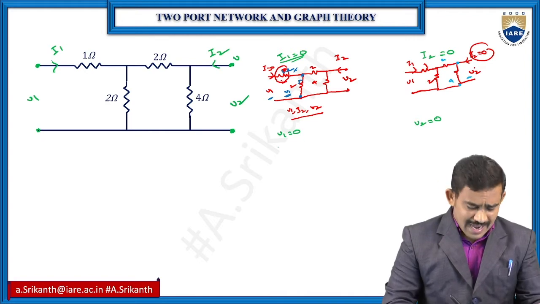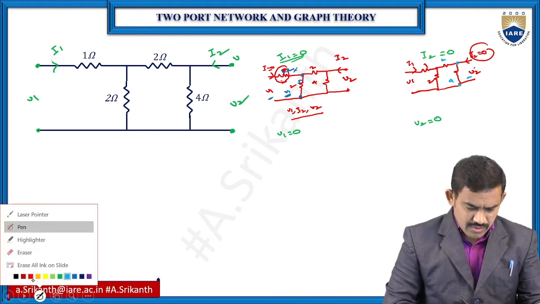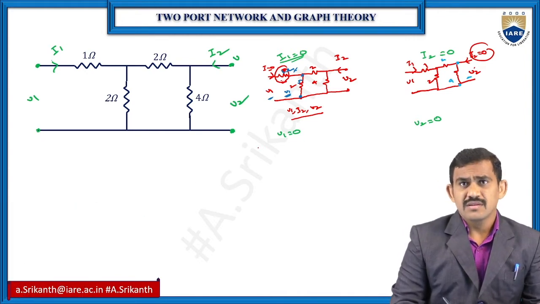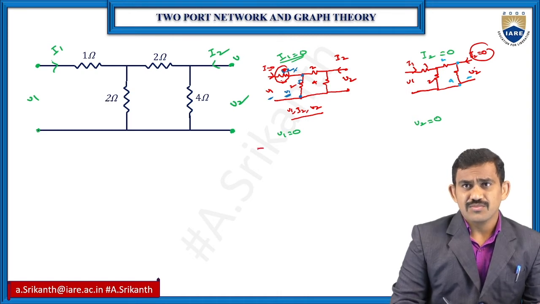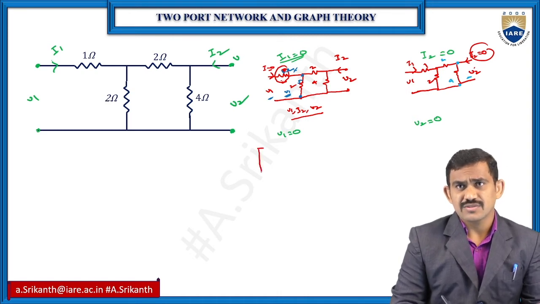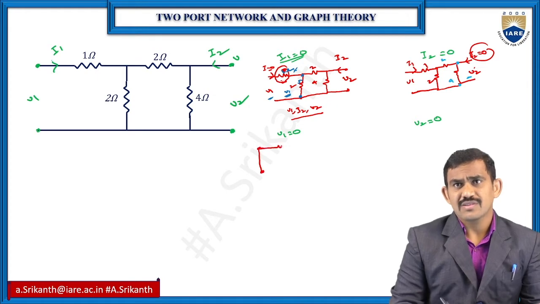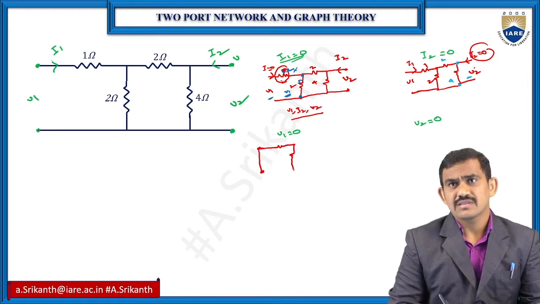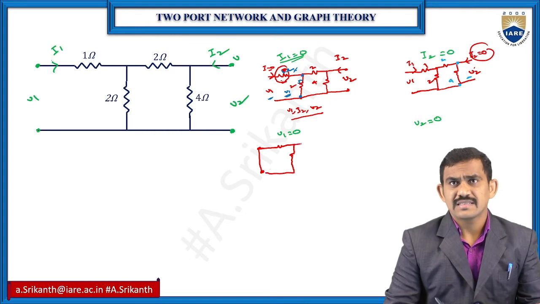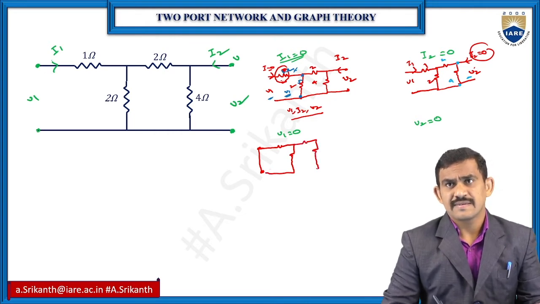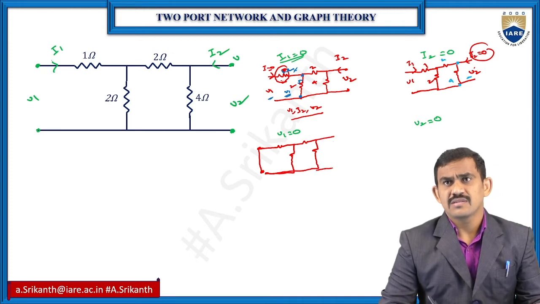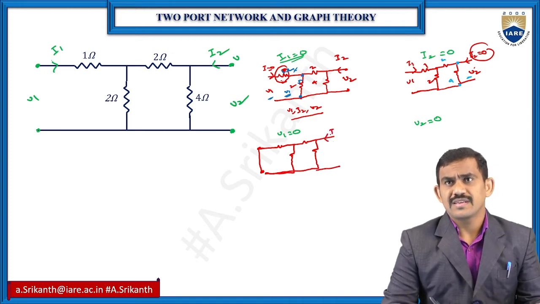Coming to the V1 is 0 condition, the primary side is short circuit. We have the resistors as it is, and here we have I2 and V2.